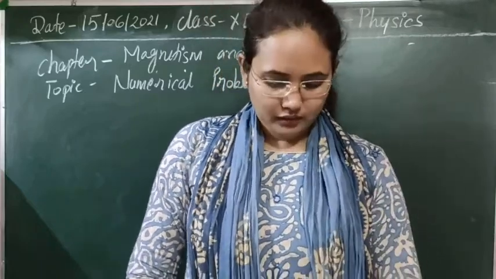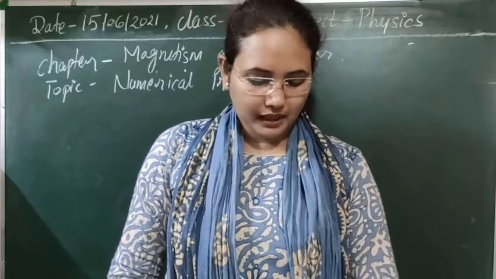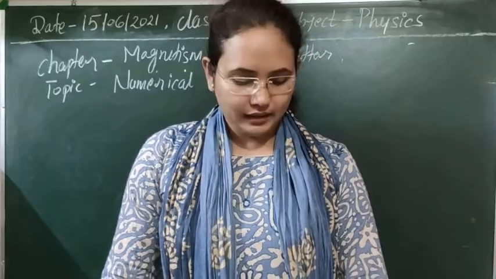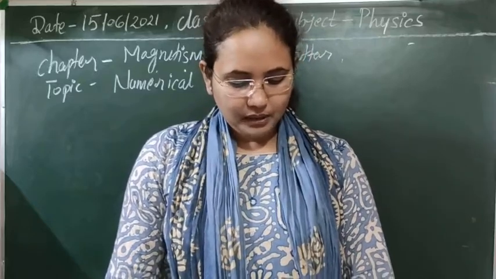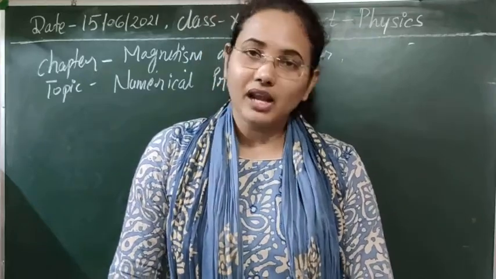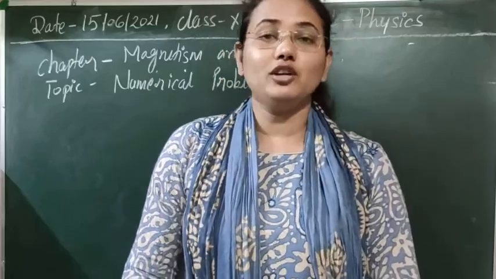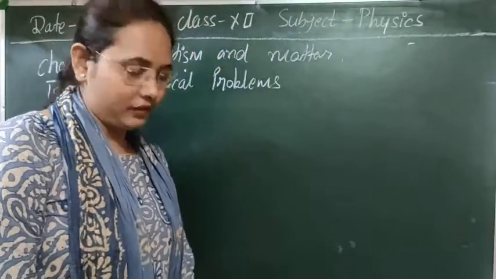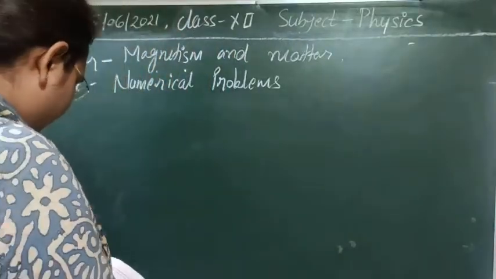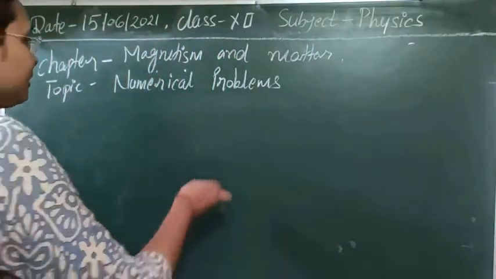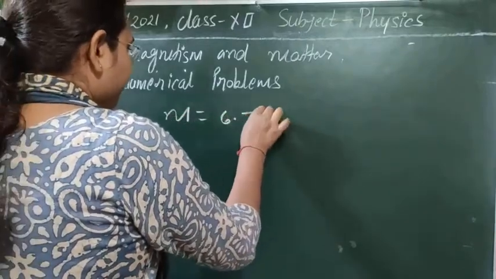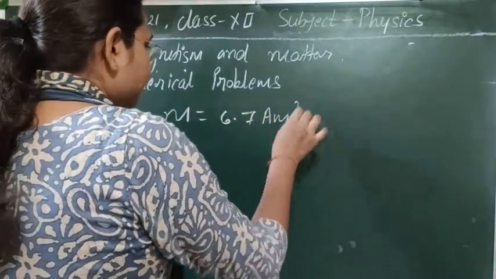So here a magnetic needle is free to oscillate in an external magnetic field, and a number of facts are given, and we have to find the value of the external magnetic field. Let's write the data that is given to us. First, the magnetic moment of the needle, that is 6.7 ampere meter square.